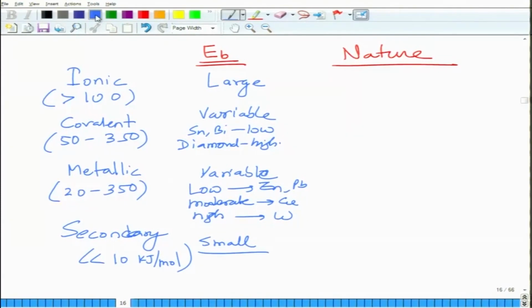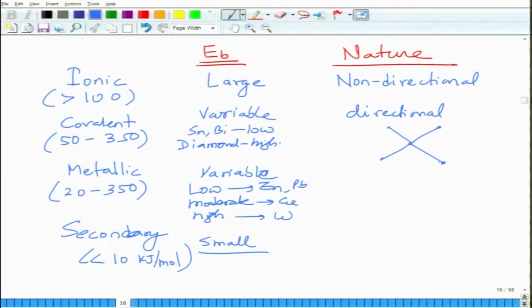Another thing that you want to know is the nature of the bond. Ionic bond is typically non-directional; it does not have a particular directionality. On the other hand, covalent bond is very directional. If you look at silicon, for example, the central silicon atom is bonded by 4 silicon atoms, and these silicon atoms are also bonded by 4 silicon atoms.